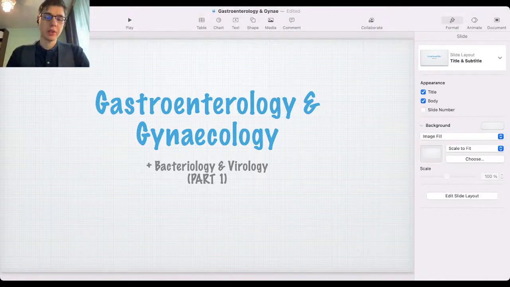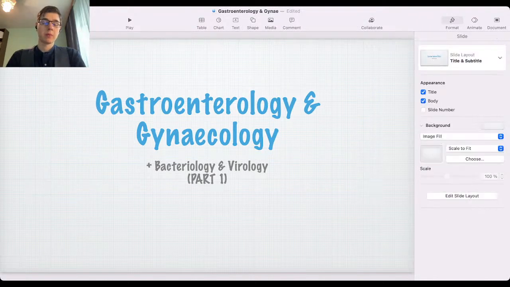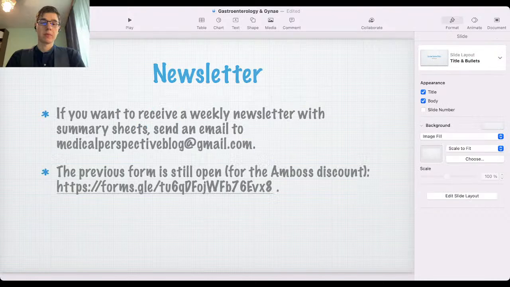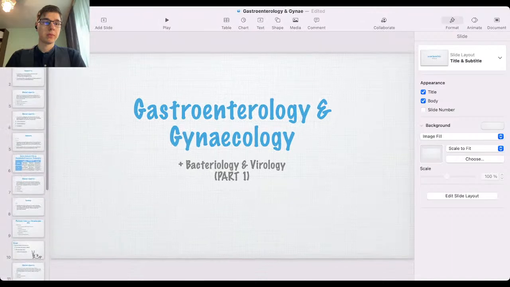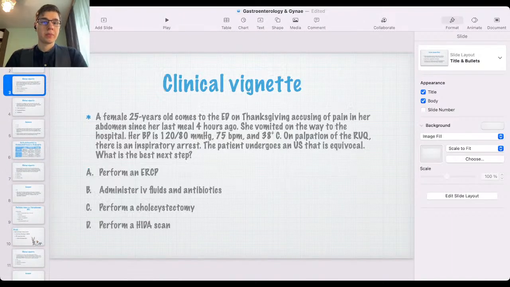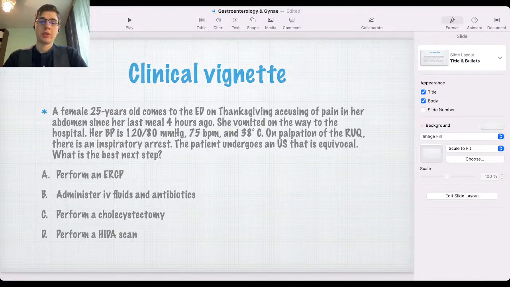Perfect. So today we will talk about gastroenterology and gynecology. Our first case is a female of 25 years old who comes to the ED on Thanksgiving accusing of pain in her abdomen since her last meal 4 hours ago.